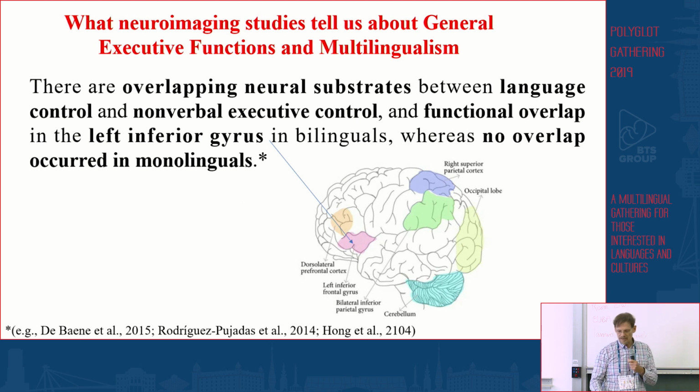Okay, so now let's take a look at what neuroimaging, imaging of the brain, tells us about the general executive functions in relation to multilingualism.